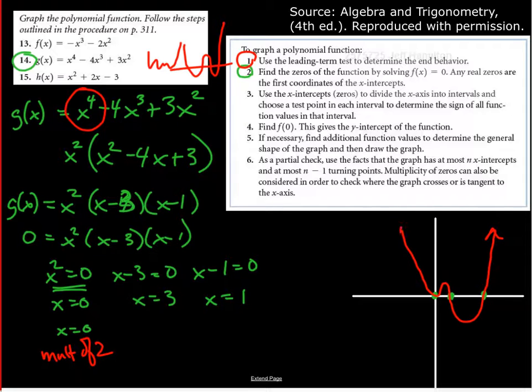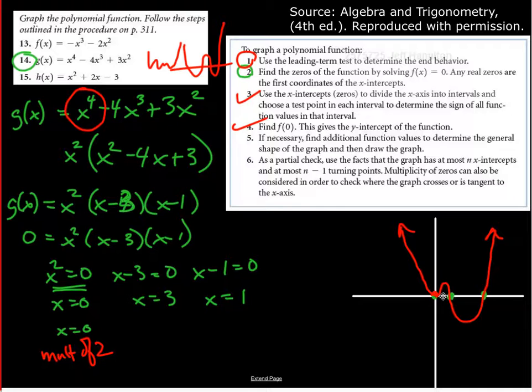So my graph is going to look something like that. Okay, so I've sort of done that. Find the y-intercept. There's no constant term there, so the y-intercept is 0, which we sort of know, that's an x-intercept too. Done. Find additional function values to determine the general shape of the graph.